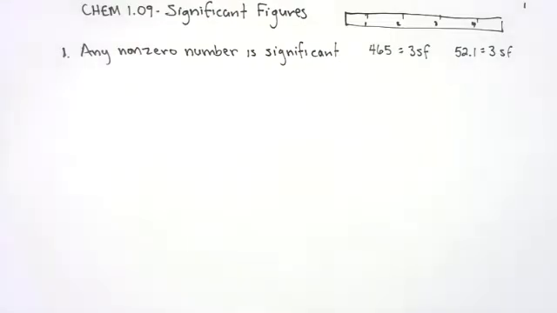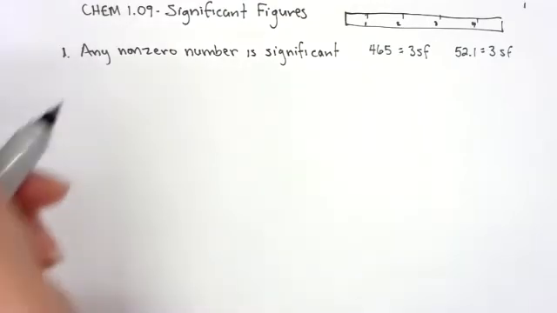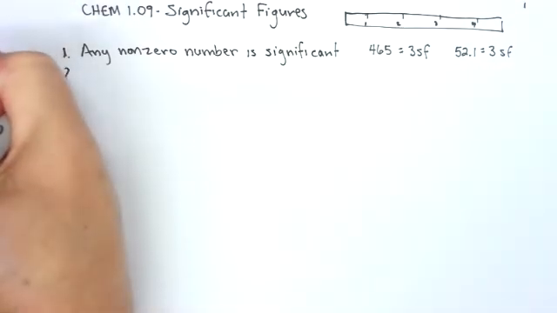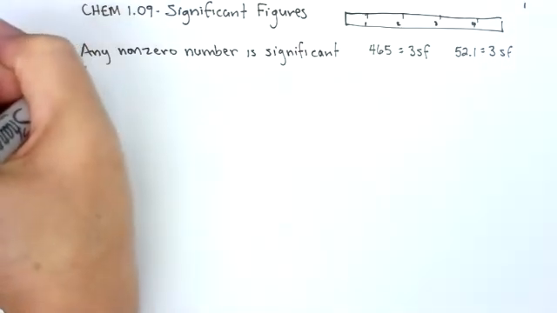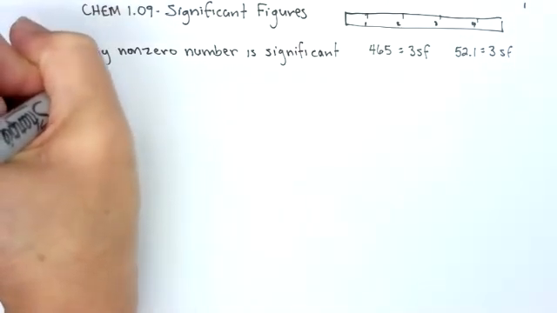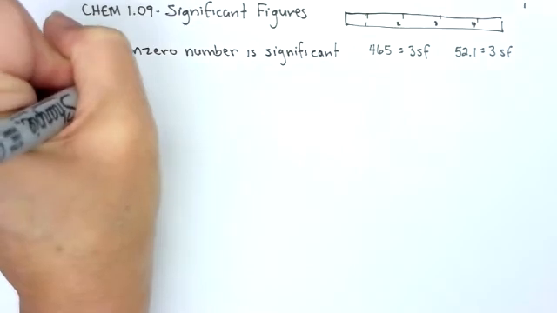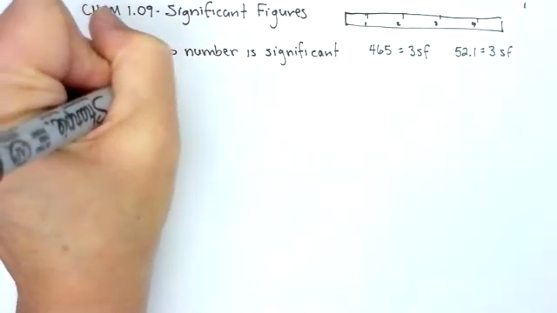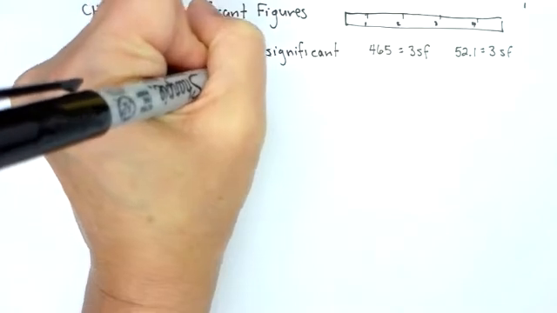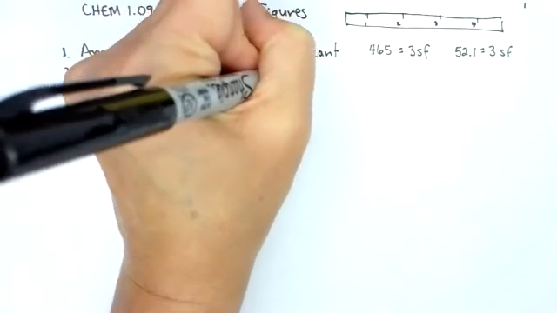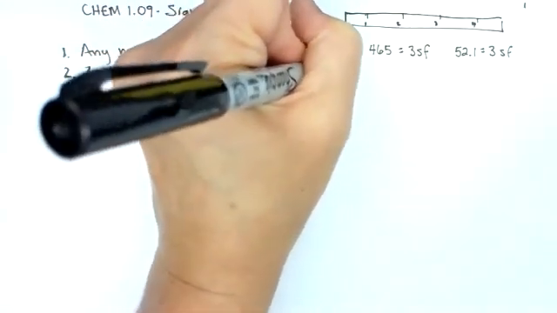So that first rule is pretty easy. Where this can get a little bit challenging is when it comes to zeros. So there are actually 4 rules that apply to zeros. Does a zero count? Is it significant or not? So rule number 2 is that zeros in between non-zero values are significant.